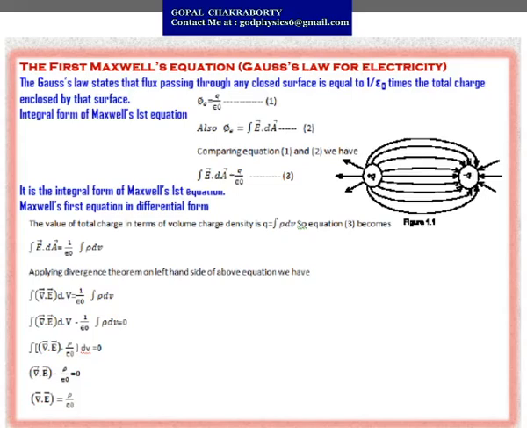Also, the flux can be represented as the surface integral of E dot dA, where dA is the surface element.